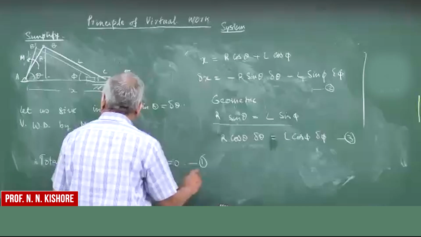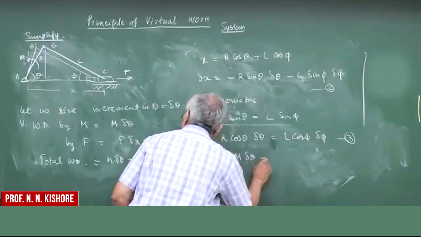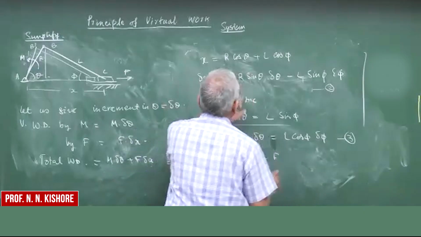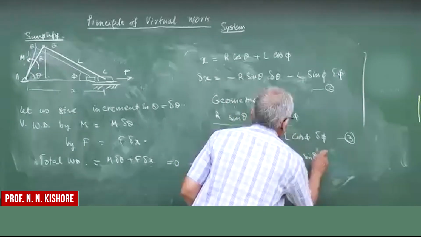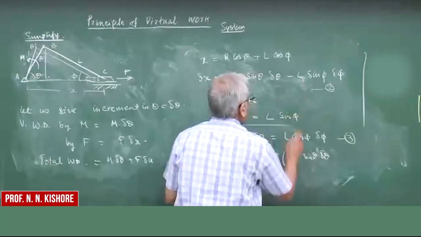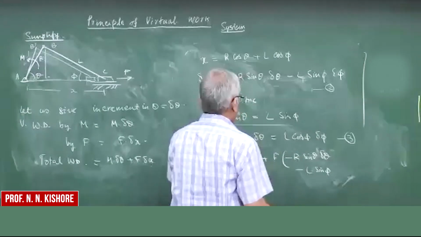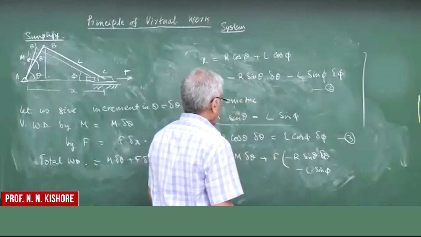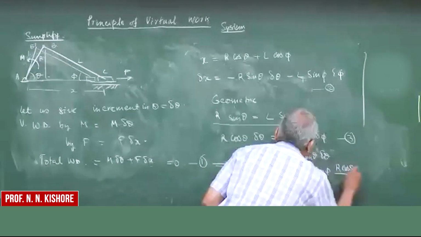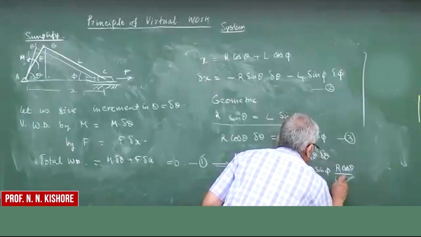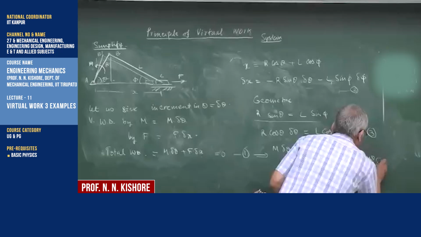Here, M delta theta and F delta x is given by this, minus r sine theta delta theta minus L sine phi delta phi. I will replace delta phi here as r cos theta by L cos phi times delta theta.